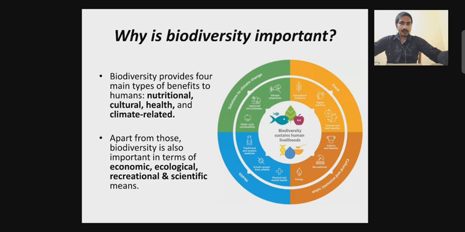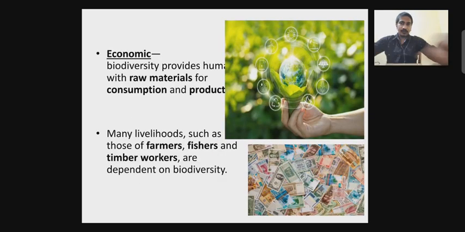In terms of economic, let us see this particular slide. What you can see is that the raw materials consumption and the products can be obtained from various sources, isn't it? As for example, the coal and petroleum which we are obtaining from the ground. That is used for running the vehicles as well as various other machines, isn't it?